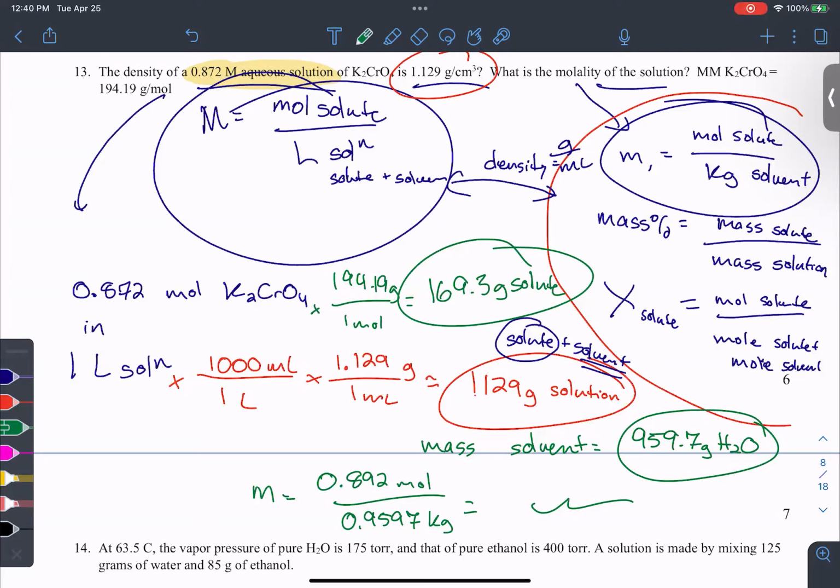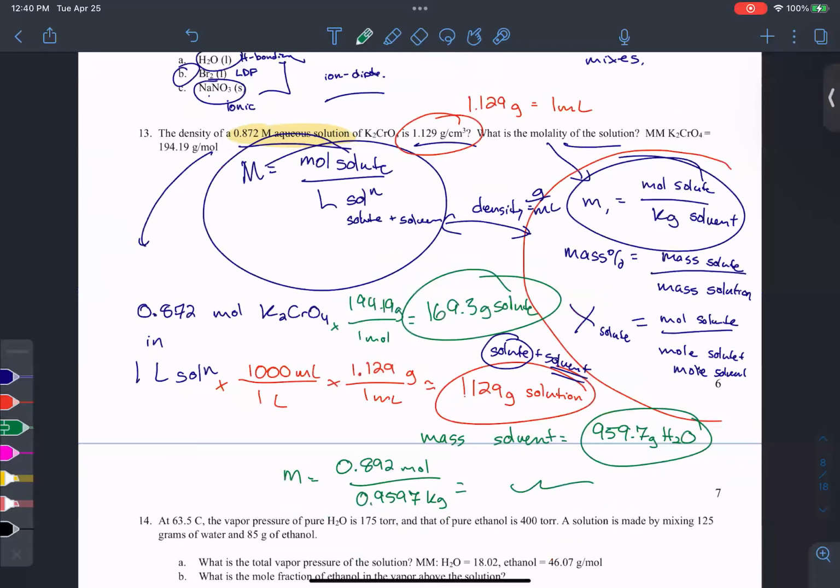So if you know the mass of solute and solvent, you know the mass of the solution. Mole amounts are also additive. So if you add up mole amounts of solute and solvent, you'll get the mole amount of your solution. But liter amounts are not additive. Masses are. Okay, let's keep going.